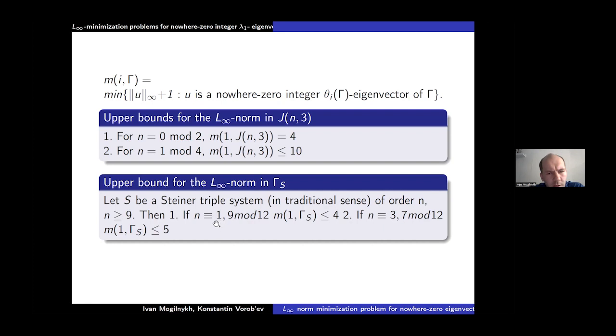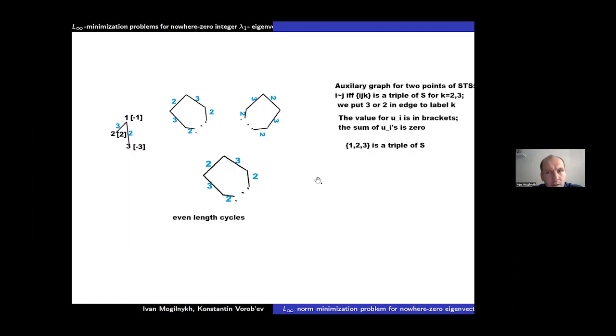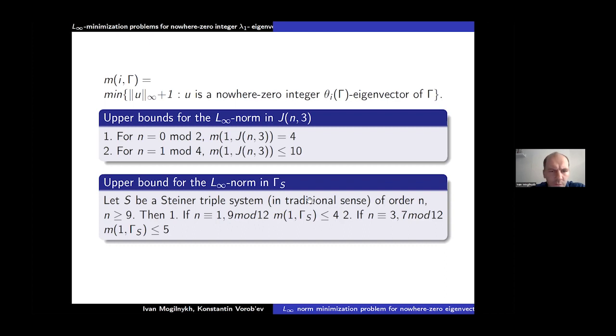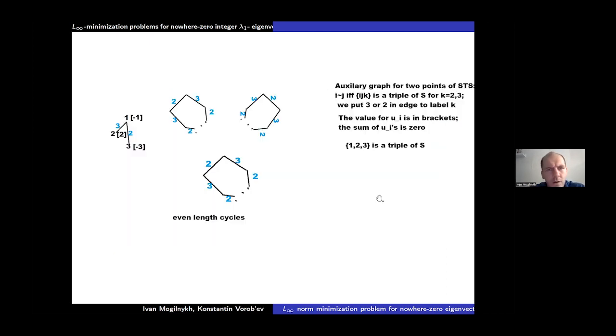Then if n is 1 or 9 modulo 12, then M_1 of Gamma_S is not greater than 4. In other cases, it is not greater than 5. We have some pretty good upper bounds in this case. I give some illustration for this bound.